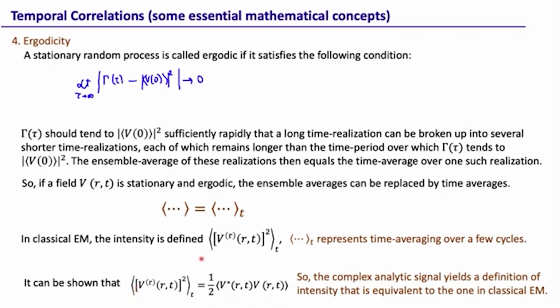But if we take this kind of definition, then it translates as it is even in the quantum theory. So this is quite useful. The complex analytic signal way of doing things is quite useful, as the mathematical structure remains the same in quantum mechanics as it is in classical theories.